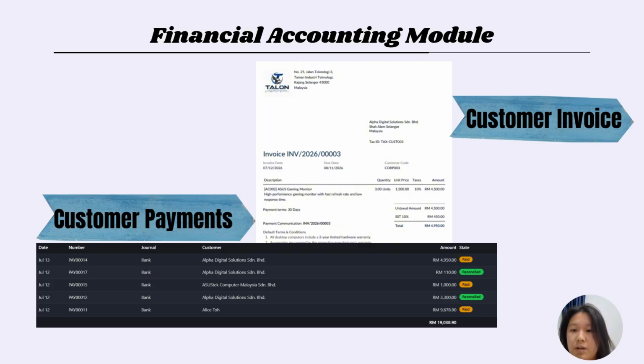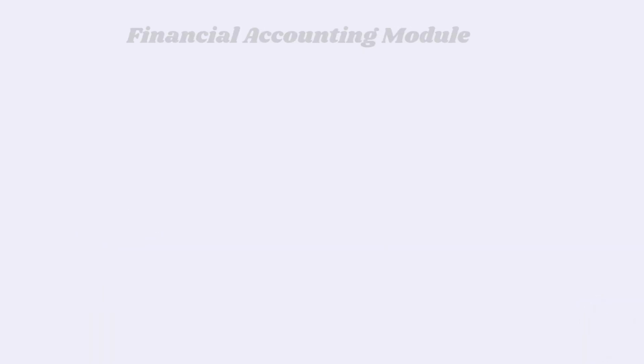For example, you can see that payment PAY0014 for 4,950 ringgit on 13 July has put the invoice in fully paid status. So, this demonstrates the seamless integration between invoicing and payment, which is key to keeping our books accurate and up to date.